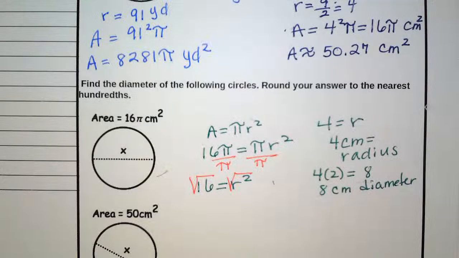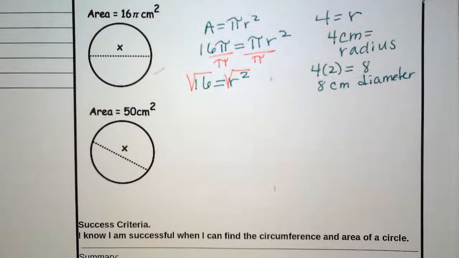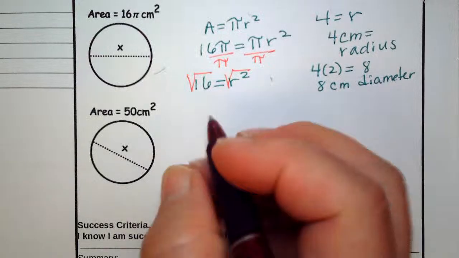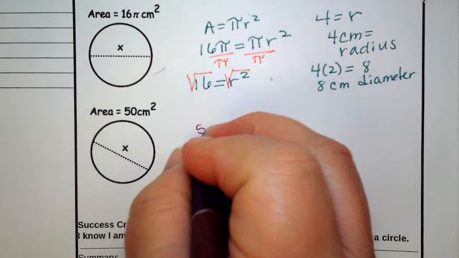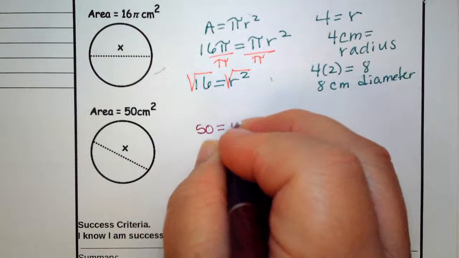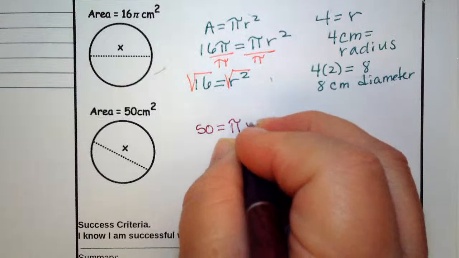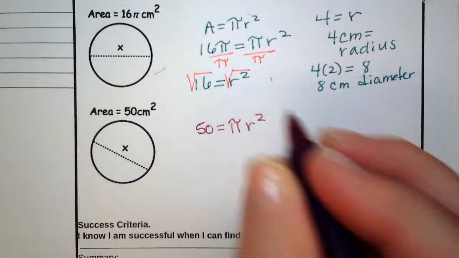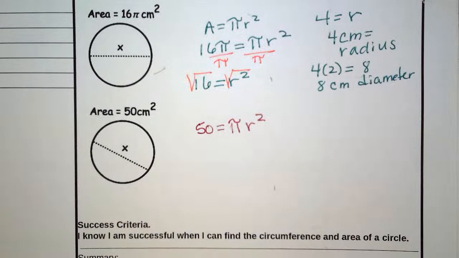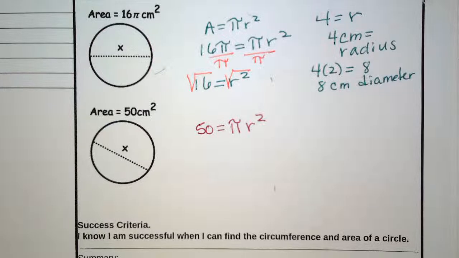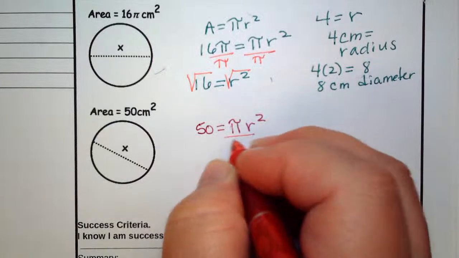On the next one, we do not have pi, so we will not be able to get an exact number. It's going to be an approximation. We set it up the same way. We use the same formula. So 50 is equal to pi times r squared. Okay, I'm going to divide both sides by pi.